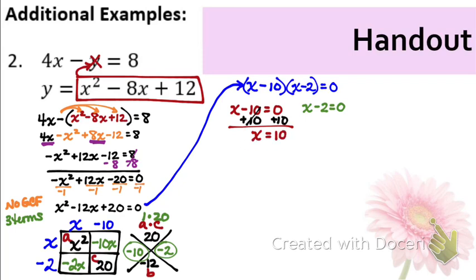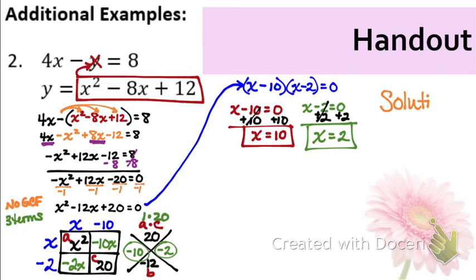And the other one is, I'm sorry, how much? 2, because I would add 2 to both sides. How many solutions are we going to have? 2 solutions. What do I know about them so far? X is 10. I don't know the y. X is 2. I don't know the y. How do I find those y's?